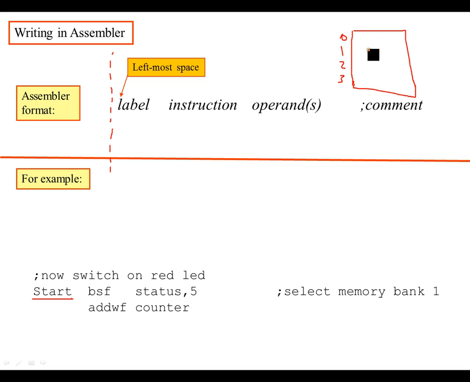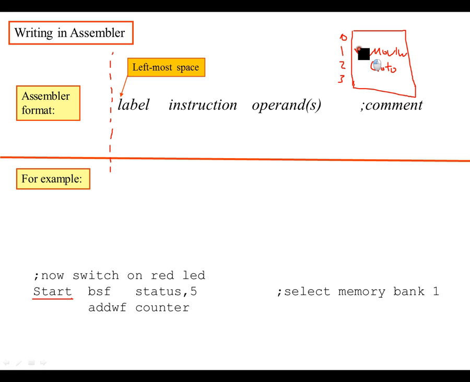This is your program space. Let's say you have a move statement here. If you want to know where this move statement is located in your flash and use that value to go back to this location later, you can put a label here called whatever you want to call it.